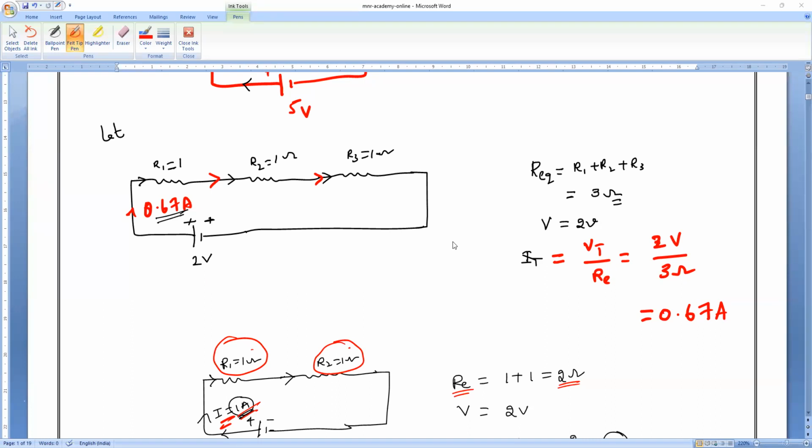When the number of resistors decreases, effective resistance decreases, and the amount of current increases. This is the only concept which I want to say. I hope you all understand. Anybody having any doubt, please let me know, or else I'll proceed. Yes, please. Any doubt, anyone can ask. Okay, so this is the most important concept. That's a very good question actually.